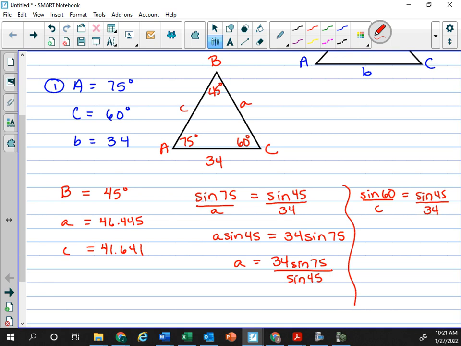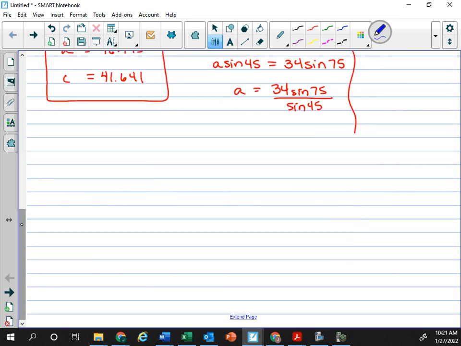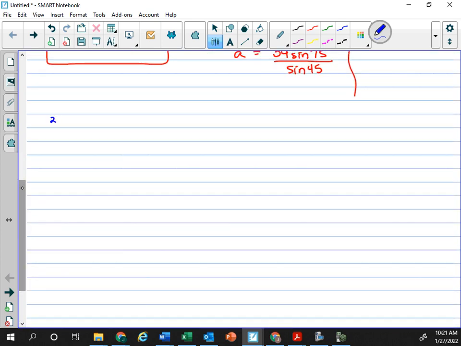Okay, let's try again. All right, angle B is 20 degrees. Angle C is 25 degrees, and side C is 8.